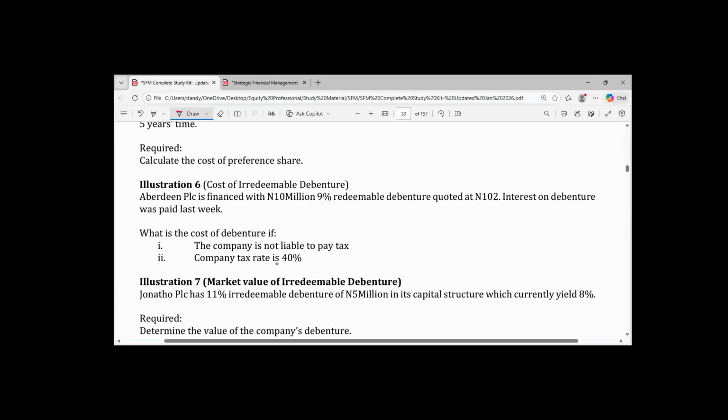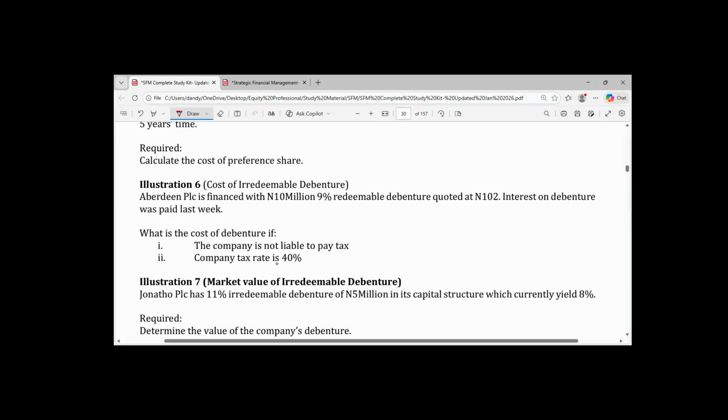Not only that, we also mentioned that preference share is quoted at a nominal value of 1 naira. And if the nominal value is 1 naira, it means that if it's at a premium, it will be more than 1 naira.